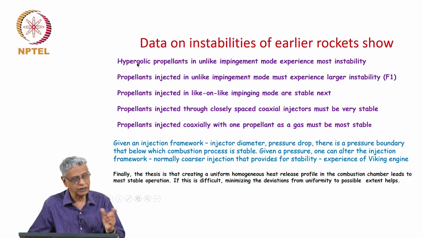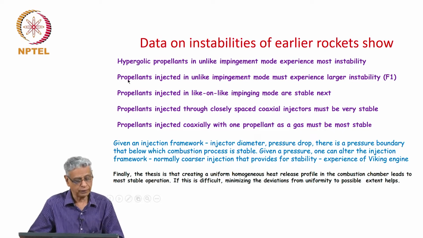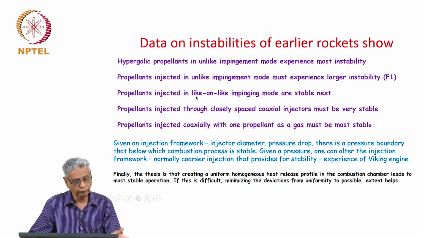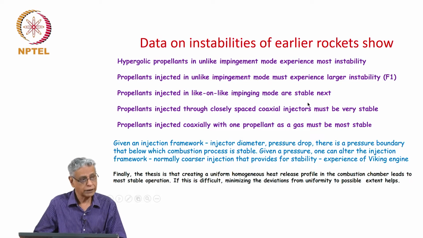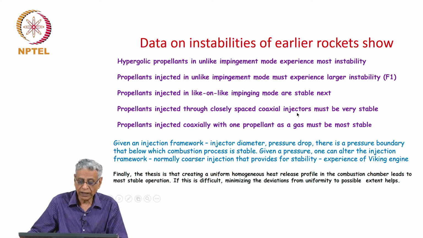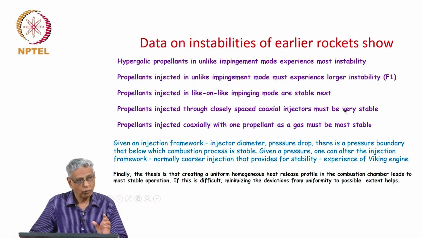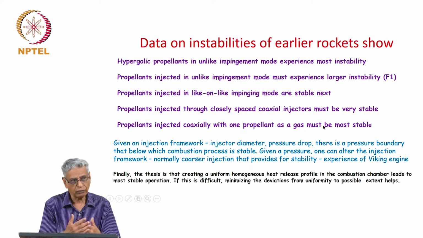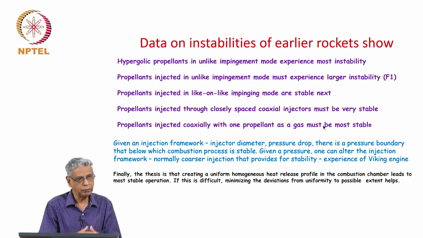Non-hypergolic propellants, you can still inject them in an unlike mode, fuel and oxidizer. Propellants injected in a like mode, fuel and fuel, oxidizer and oxidizer, are stable next. Propellants injected through closely spaced coaxial injectors must be very stable. Propellants injected coaxially with one propellant as a gas must be the most stable. This is what you will infer from looking at the information. We will see the meaning of these statements through what I am going to say downstream.